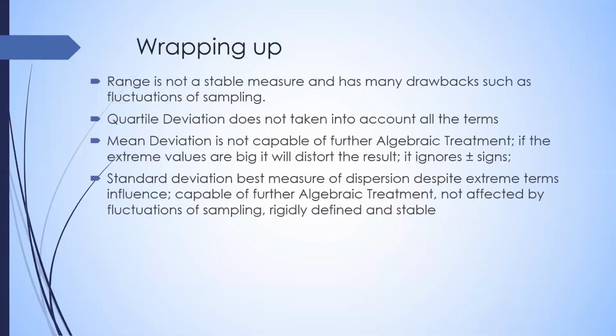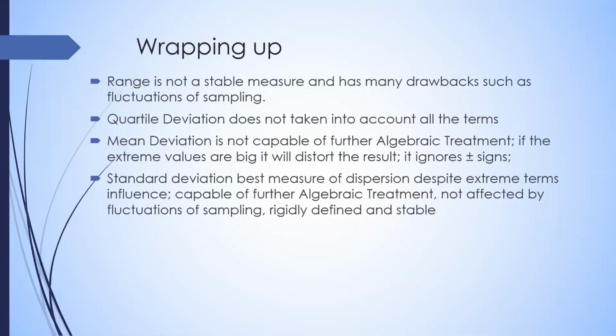And when you wrap up the entire thing, we have looked into range, quartile deviation, mean deviation, and standard deviation. We find that range cannot be considered a stable measure. It has many drawbacks, such as the fluctuations of sampling. It does not depend on every point under consideration, but it is used for a quick overlook into how your data is distributed.